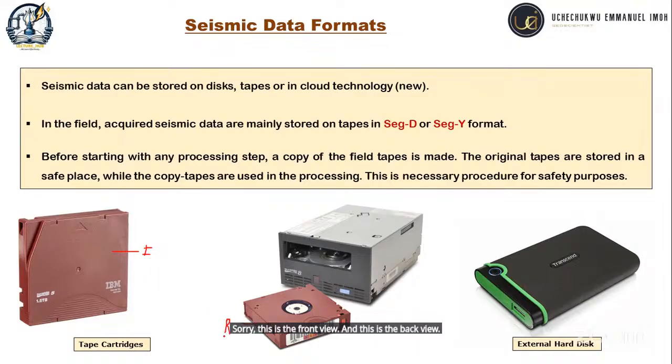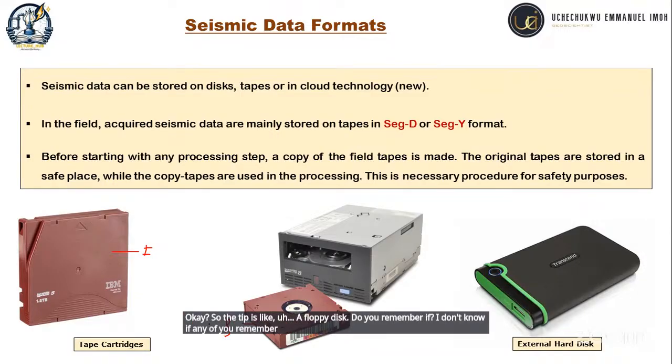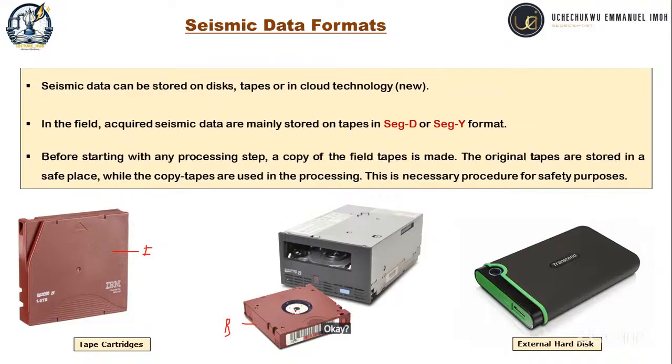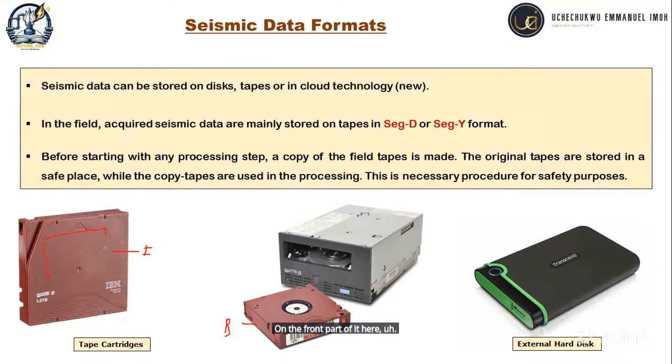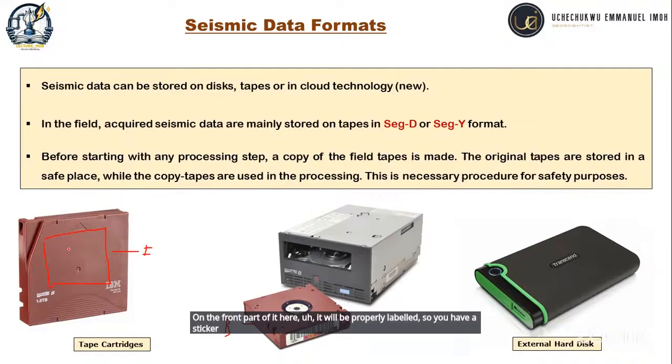The tape is like a floppy disk; I don't know if any of you remember floppy disks. It is a magnetic tape with a reel of magnetic tape inside. On the front it will be properly labeled, with a sticker or paper stuck to it containing the data information.